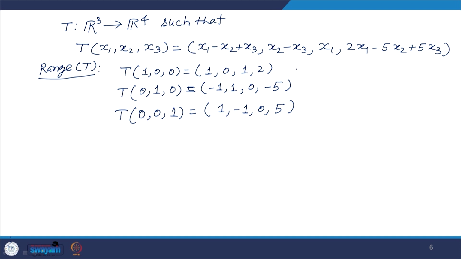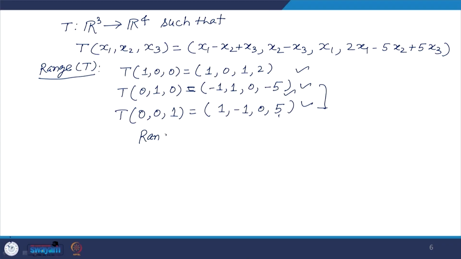Now, if you see these three vectors, these two vectors are linearly dependent, as this vector is minus 1 times this one. As I told you, in the basis of a subspace we include only linearly independent vectors.